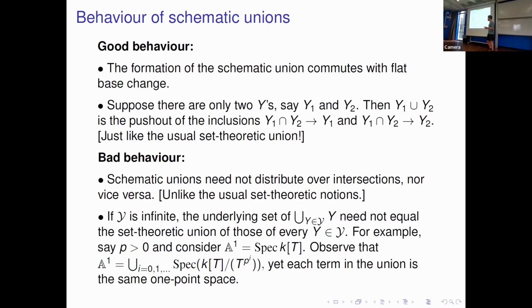So you're going to get yourself a full affine space, but all of these guys have a unique prime ideal generated by T. And so all of these things on the right-hand side are just going to be the exact same one-point space. So you're unioning all the one-point spaces, you end up with a one-point space over here. And on here, you have all of affine space. So at this point, you might be like, it's useless.